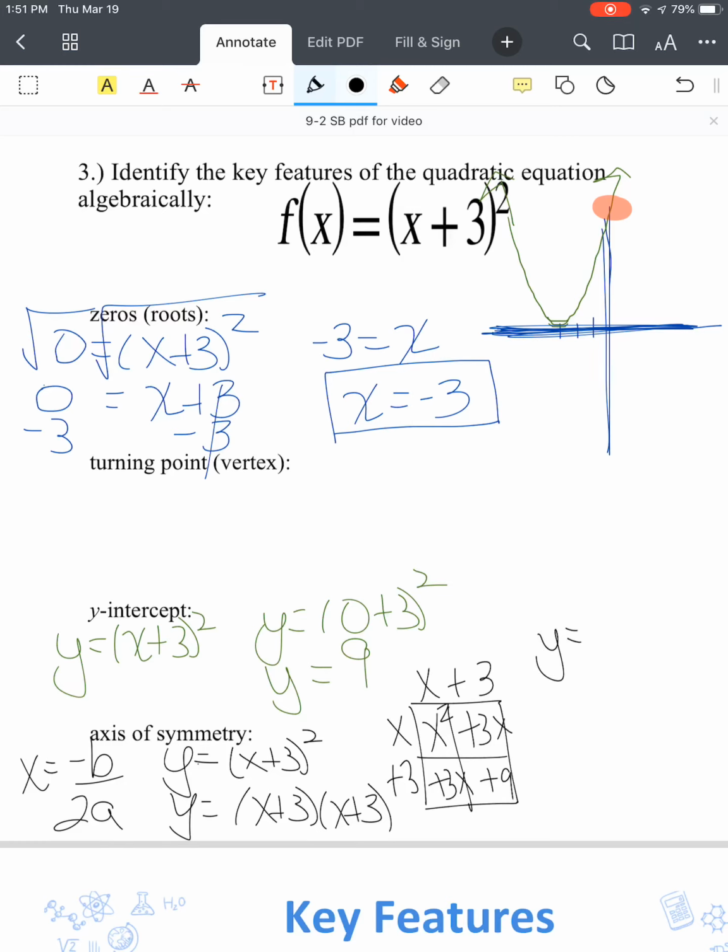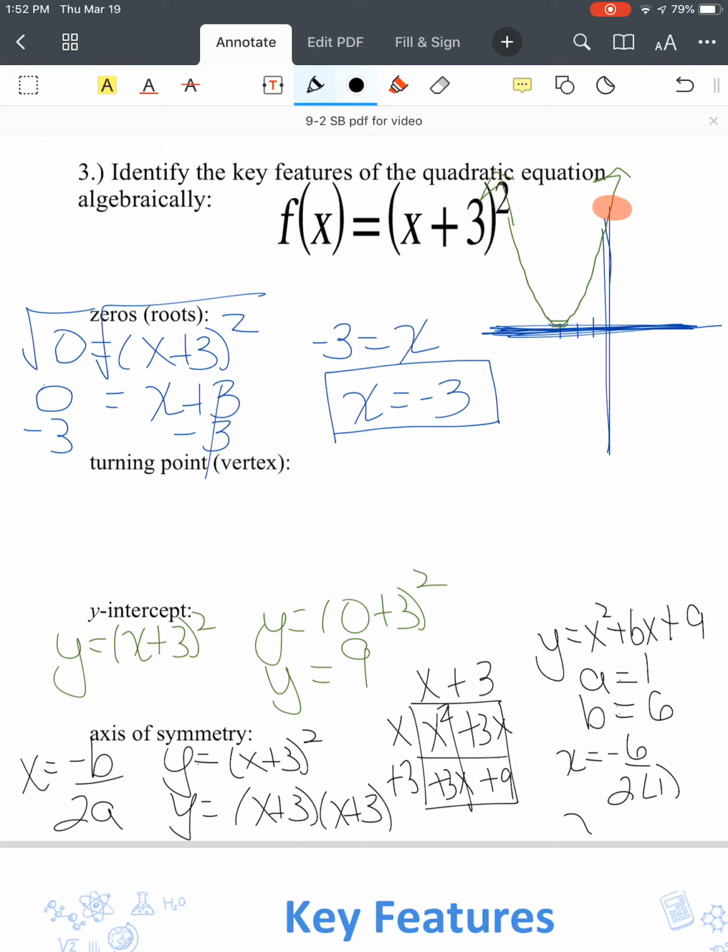So I get y equals x squared plus 6x plus 9. Now I can see what my a is and what my b is. So a is 1, b is 6. So x equals negative 6 over 2 times 1.